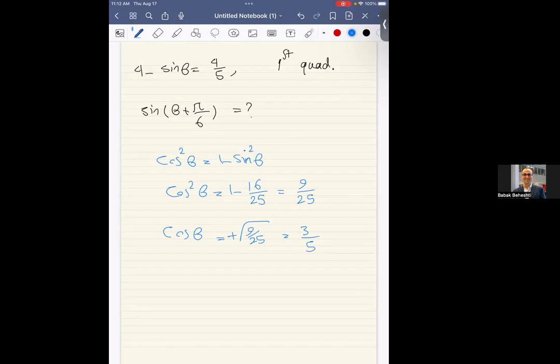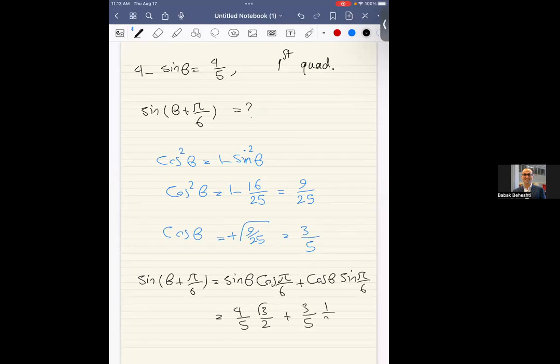That means sine of theta plus pi/6 is sine theta times cosine of pi/6 plus cos theta times sine of pi/6. So this is 4/5 times root 3/2 plus 3/5 times 1/2.